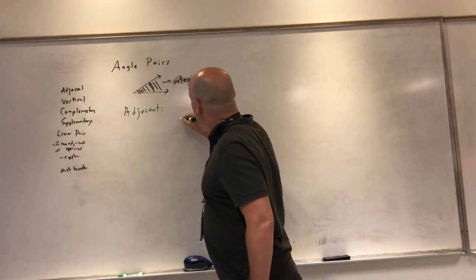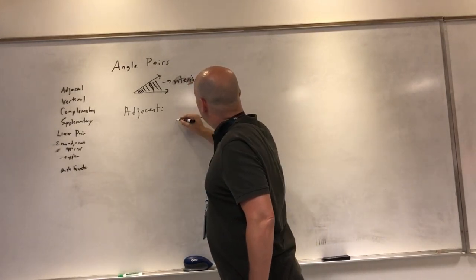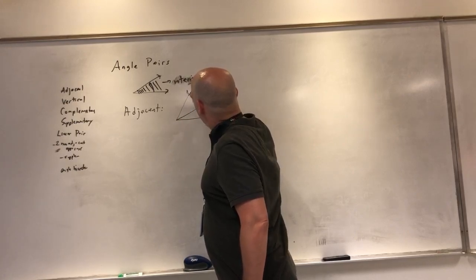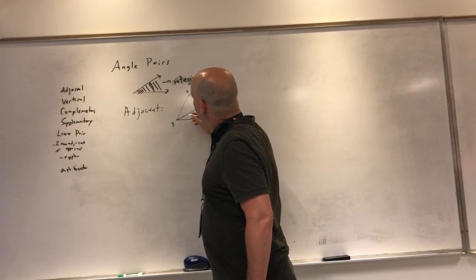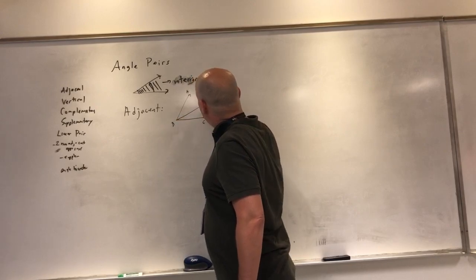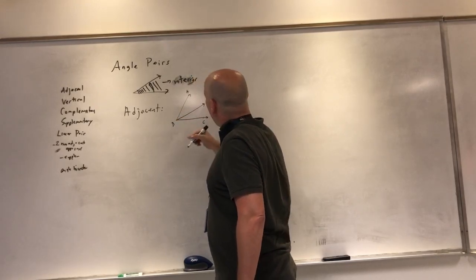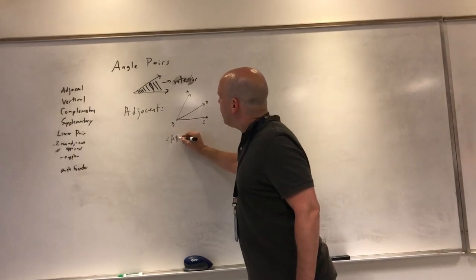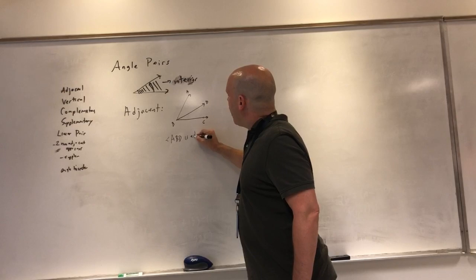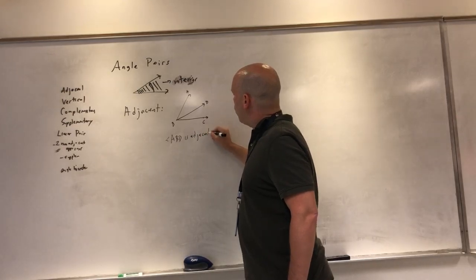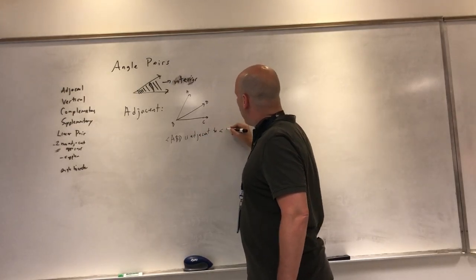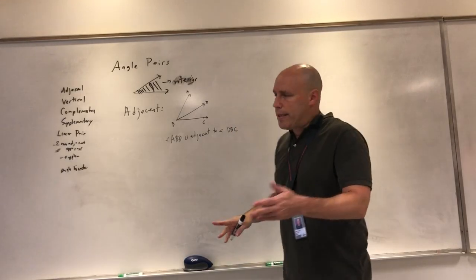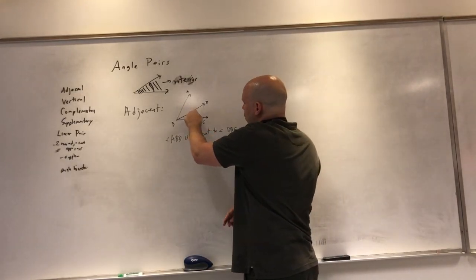So the idea is, we can have, let's call these A, B, C, and D. Now we say that angle ABD is adjacent to angle DBC because the book says they share no interior points.